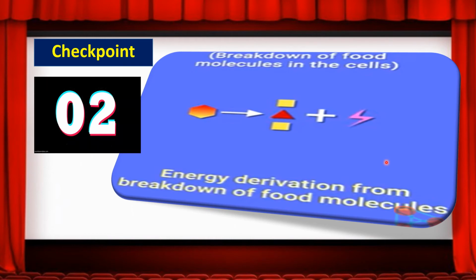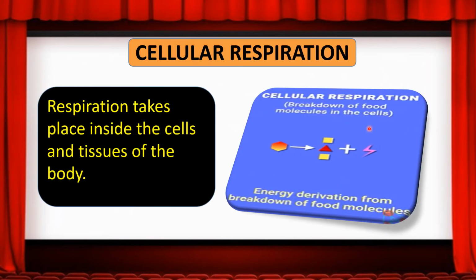I'll give you 5 seconds to answer. Okay, let's answer. If you say cellular respiration, then you are correct. It takes place inside the cells to break down the food. Food requires oxygen to release the energy.